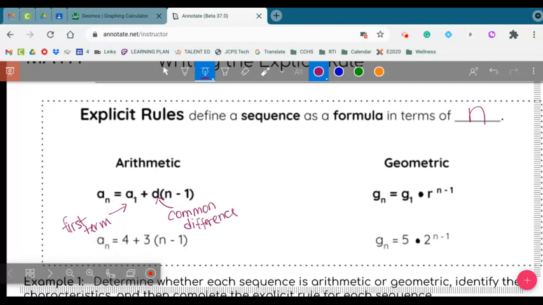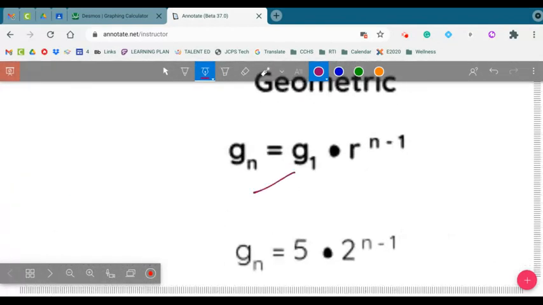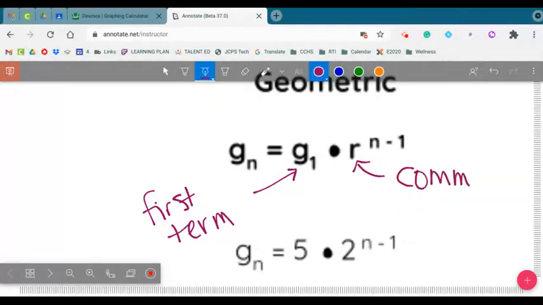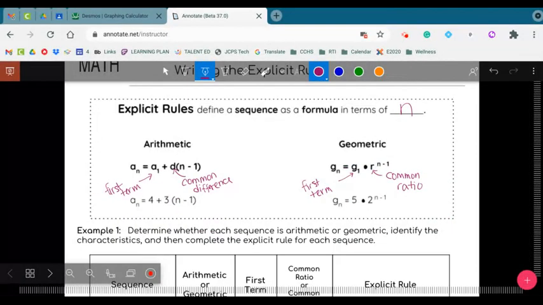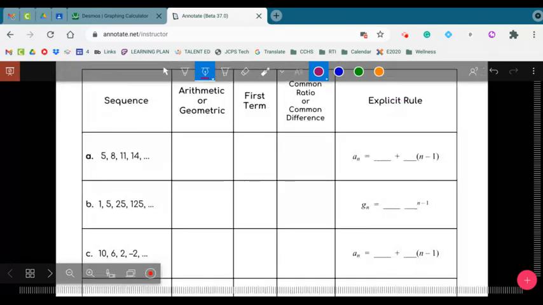And then for geometric, our g sub 1 is right after the equal sign, and this again is our first term. Then our r value is our common ratio. So those are important parts for our arithmetic and our geometric sequences. So let's go down and start writing these sequences.